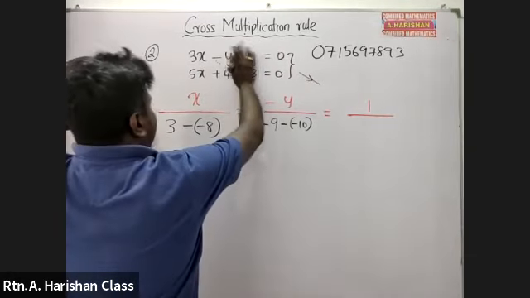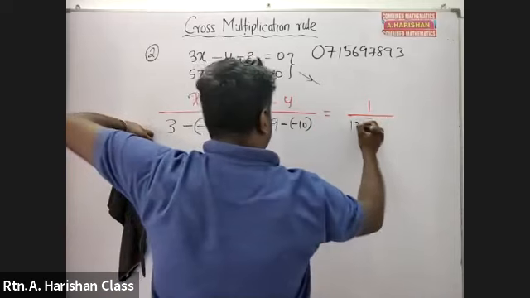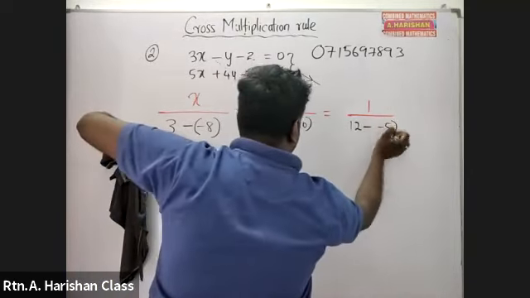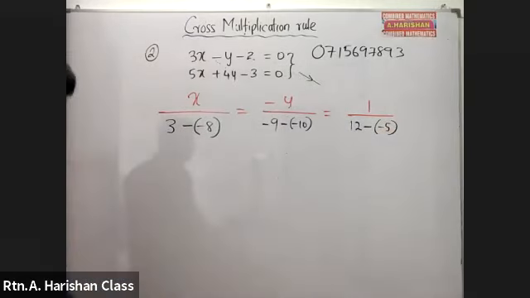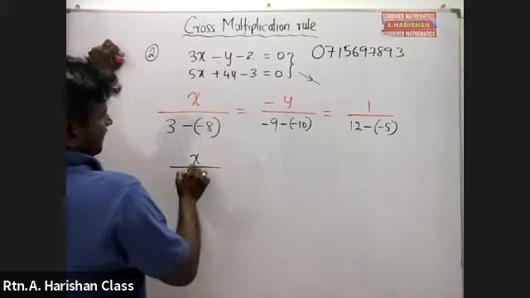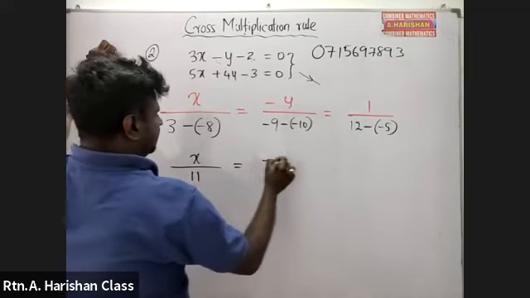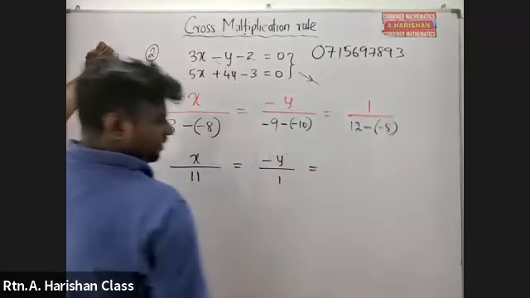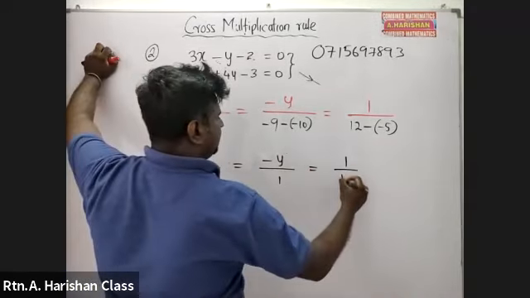I hide this. 3 into 4, that is 12. That's okay. 5 into minus 1, minus 5. Is it clear? Now it's easy for me. This is 11, I know. Minus 5 plus 10, 1. Okay, that's okay. This is 1 over 17.